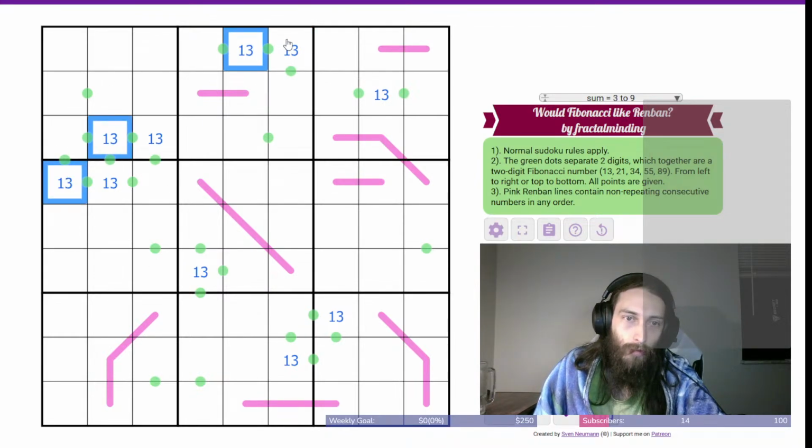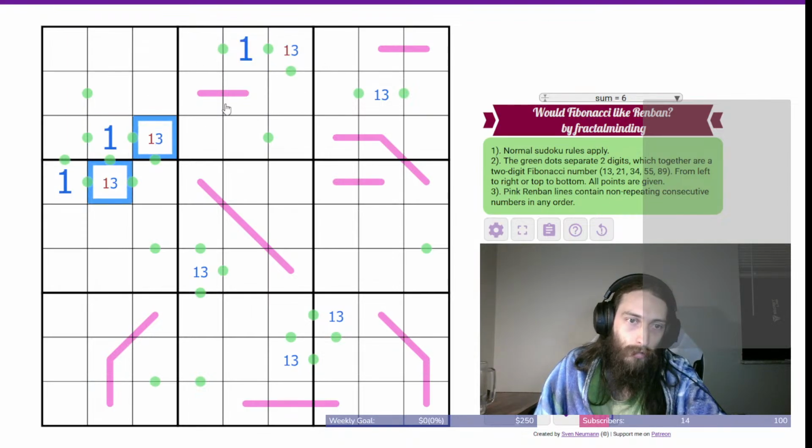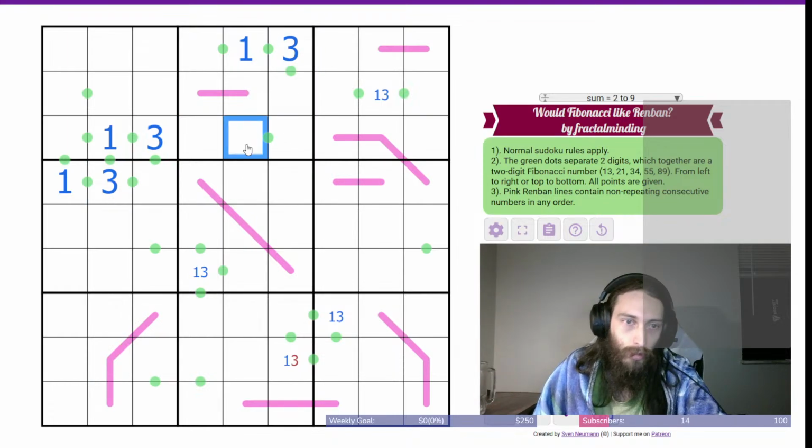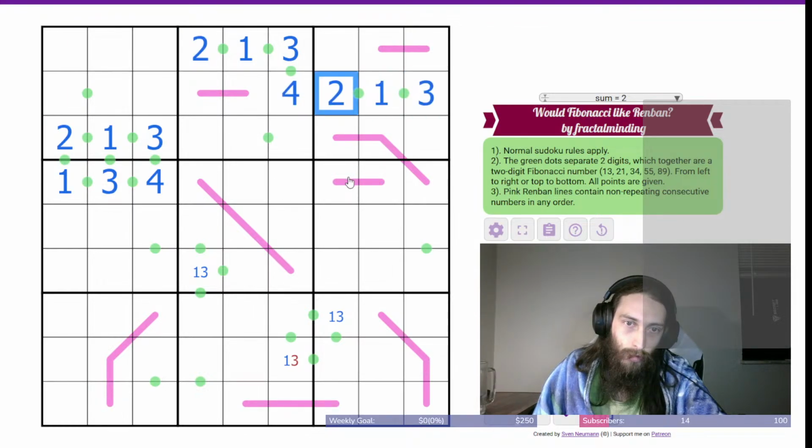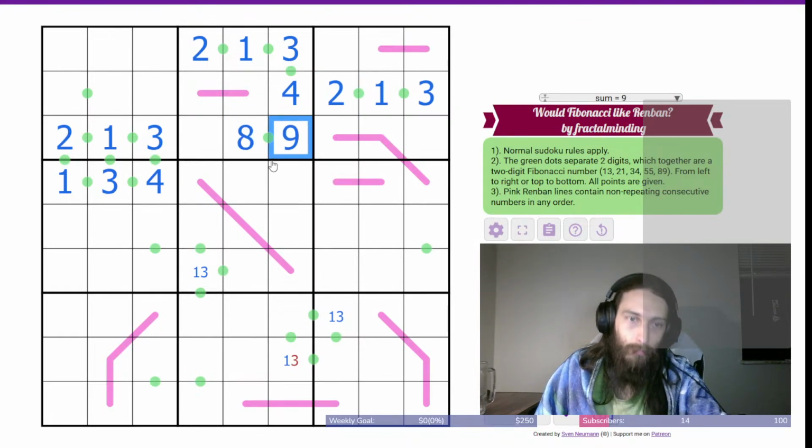And if I've got a 1, 3 pair right next to each other, it has to go 1 and 3 for 13, because 31 is not one of our options. And then you've got 34 and 21, which is going to make that 13 and 21. This is going to have to be 8, 9.